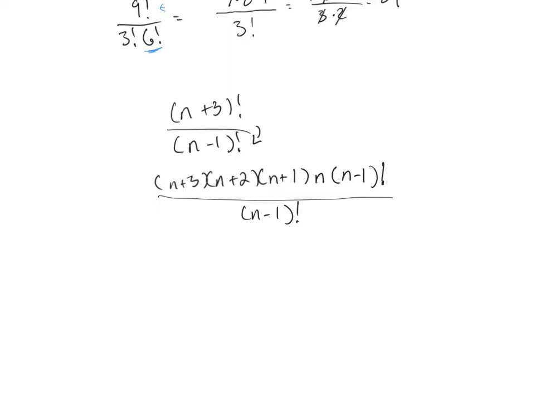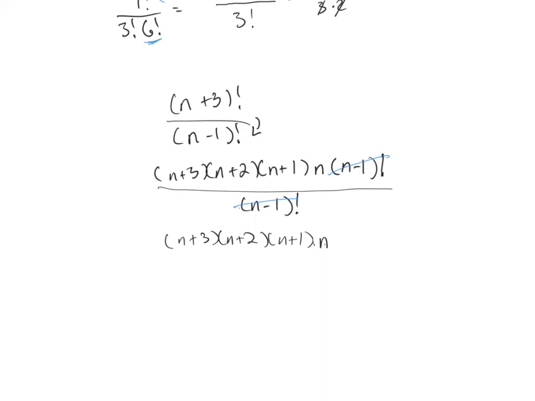So then we can simplify this by reducing these two parts. So n plus 3 factorial divided by n minus 1 factorial is actually n plus 3, n plus 2, n plus 1 times n, all the way across like so.